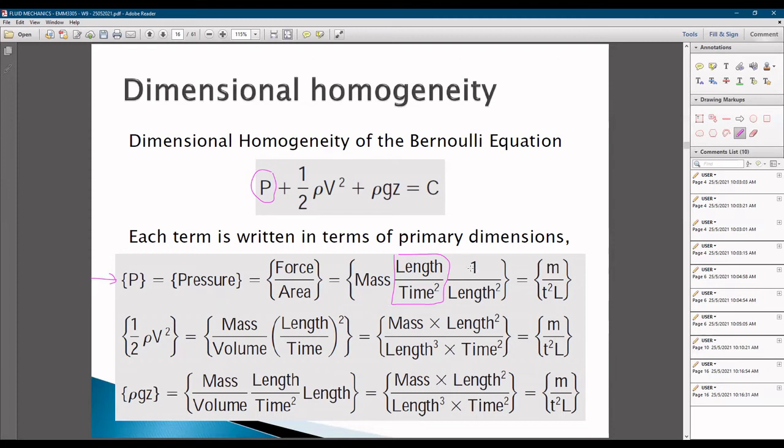And this one is actually the area. From here, you can further simplify, where you have length and down here you have length square, so you can take them out and further simplify into this term.